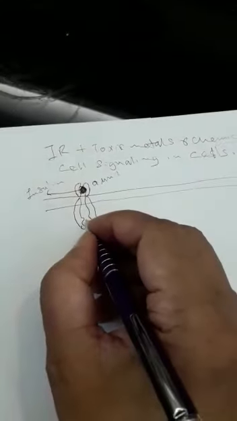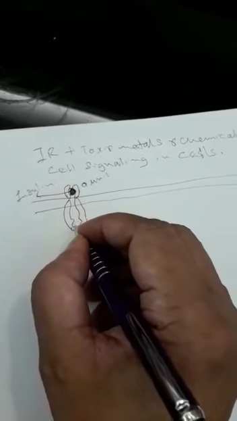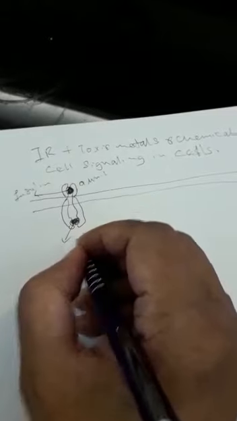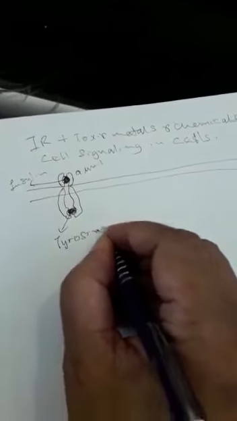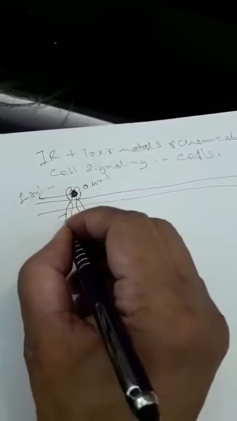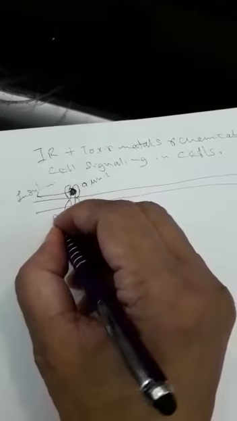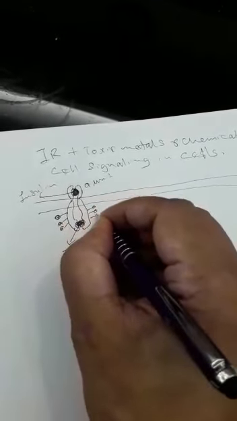Then it stimulates the joining of these two, where tyrosine comes into effect. Once this occurs, we have what you call phosphorylation on the surface.